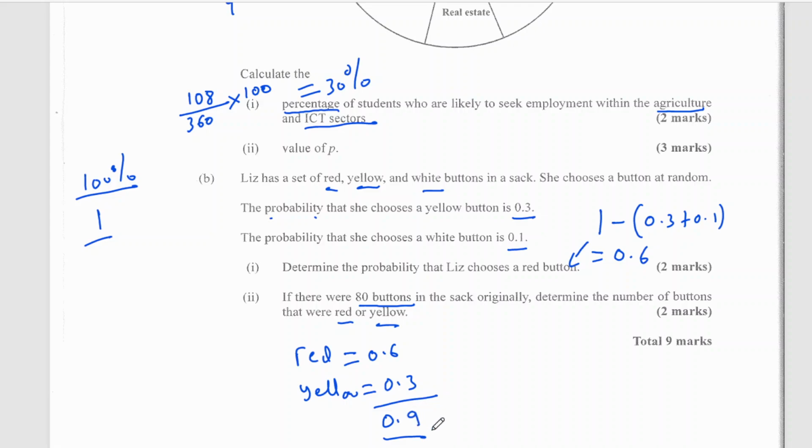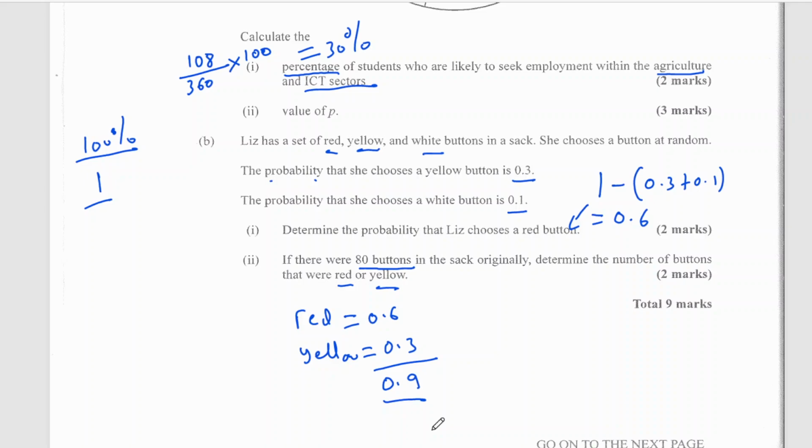So 0.9 represents the amount, in terms of percent and probability, or the decimal, that is red or yellow. So if we want the number of buttons, the number of red or yellow would be 0.9 multiplied by the total, and that will give me 72 buttons.